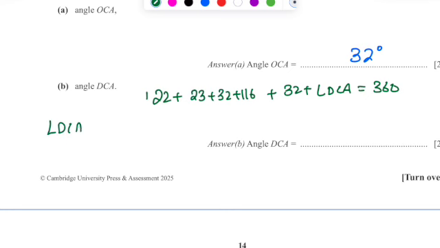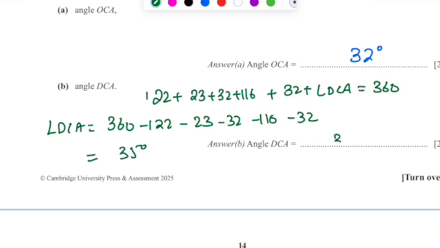Angle DCA equals 360 minus 122 minus 23 minus 32 minus 116 minus 32. You should be able to do this one carefully. That is going to be 35 degrees. So the answer is 35 degrees.